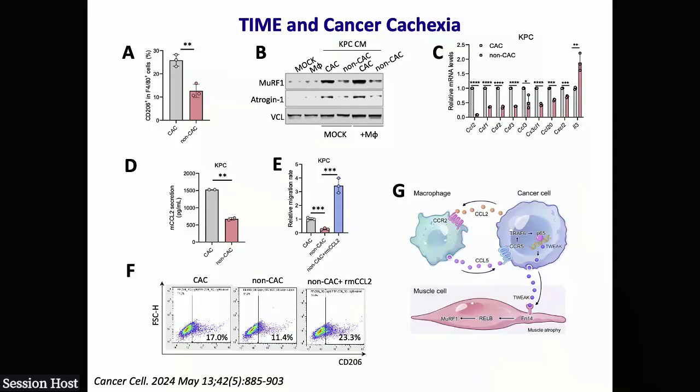They in turn secrete more chemokine CCL5 and activate a signaling pathway in the cancer cells, with higher polyubiquitination of Child-6 that activates the phosphorylation of downstream NF-kappa B, P65, and transcriptionally activates TWIC, which is secreted by the cancer cell and binds to the receptor on the muscle, then activates the signaling pathway in the muscle to induce the muscle wasting.